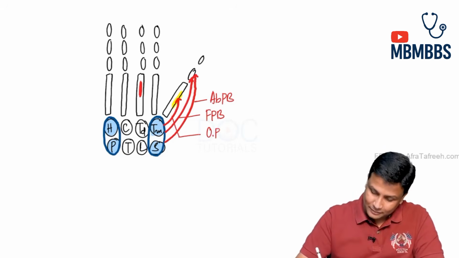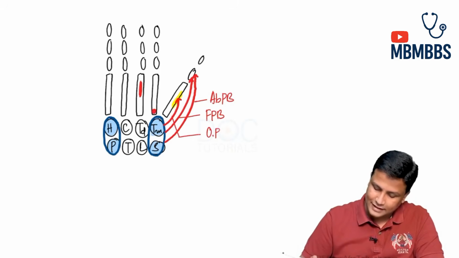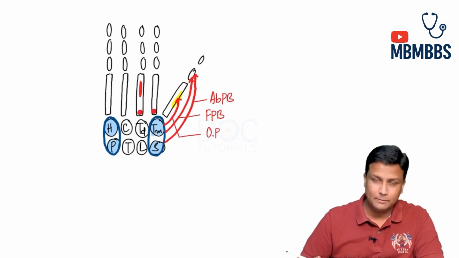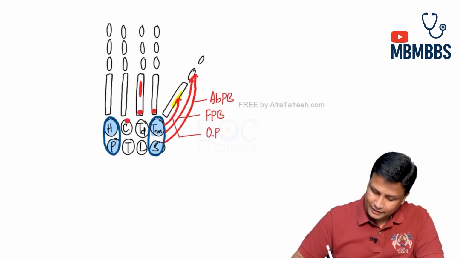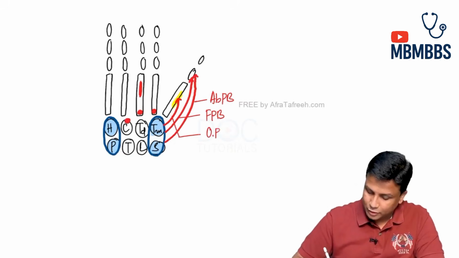And not only the third metacarpal, remember the adductor pollicis oblique head will be originating from the base of the second metacarpal, base of the third metacarpal, and as well as the capitate, guys. So let me just draw it like this here.